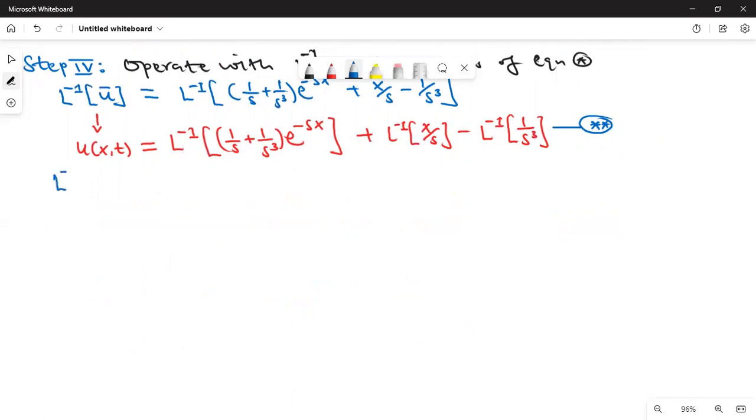L inverse of x over S can be written as, because x is a constant, you factor that out, then times L inverse of 1 over S. What did we transform to get 1 over S? It was 1. So this can be written as x times 1, which is x.